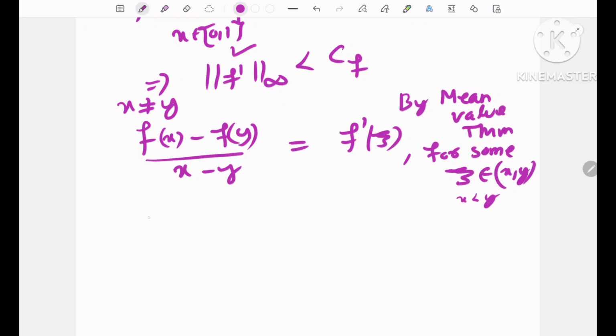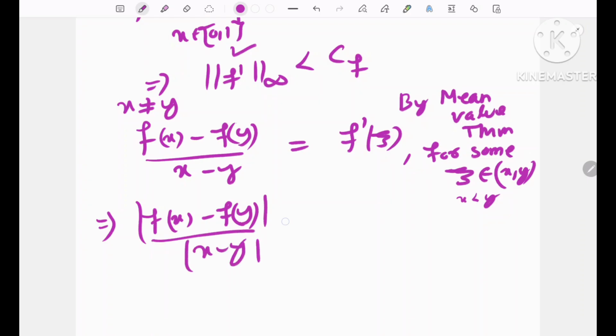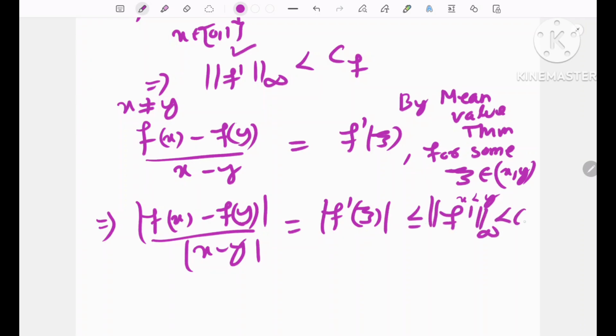Then we take the modulus, and this can be dominated: the modulus of f of x minus f of y divided by the modulus of x minus y is equal to the modulus of f dash xi, and this is bounded by the sup norm of f dash, the infinity norm, which is bounded by Cf.